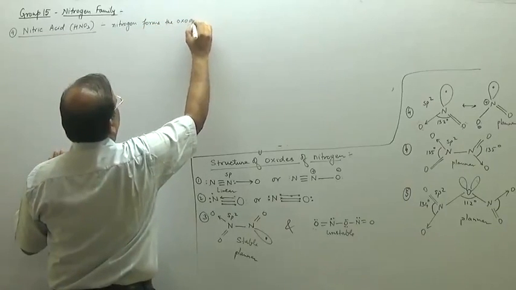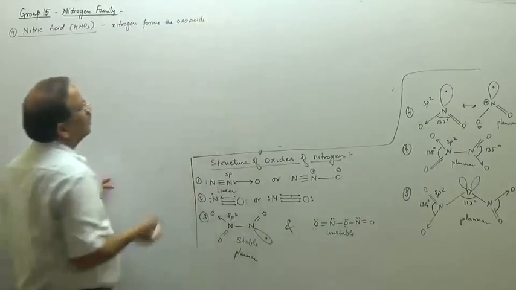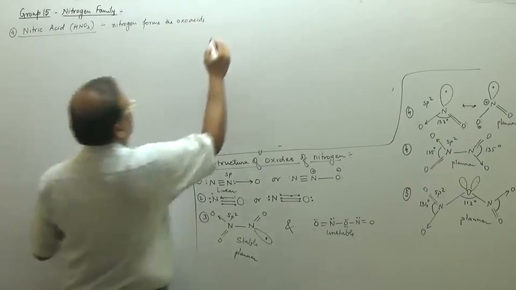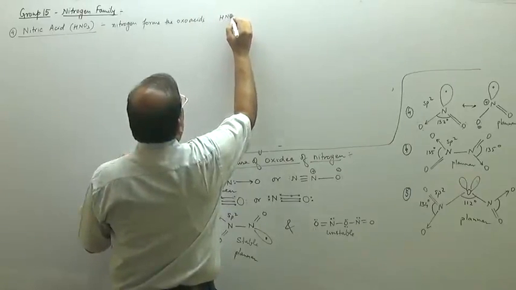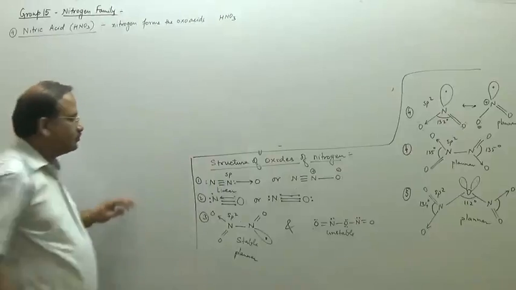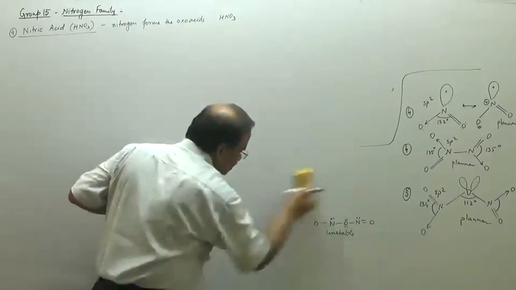The oxo acids, some are mono acids. We'll write the acids, HNO3, that is the oxo acids of nitrogen.